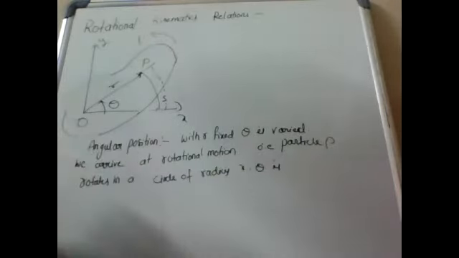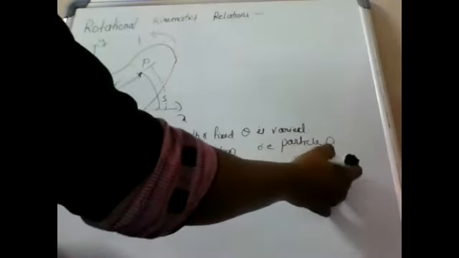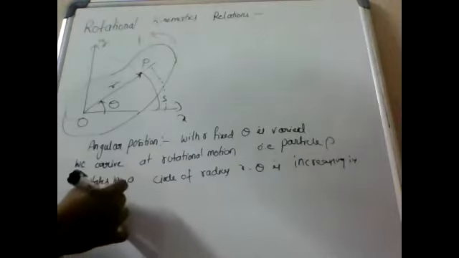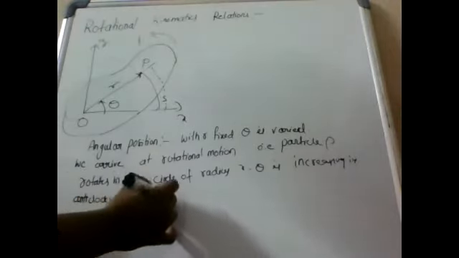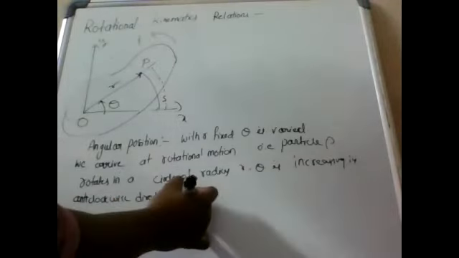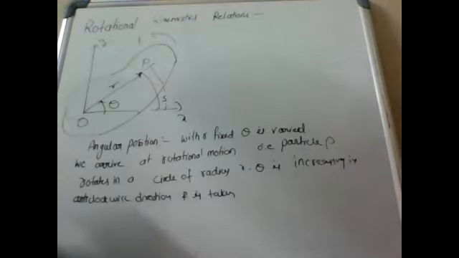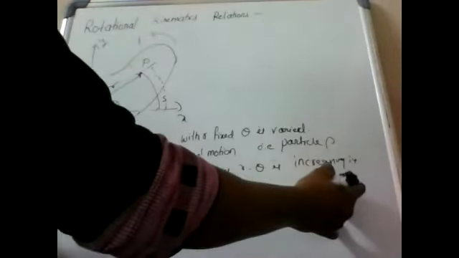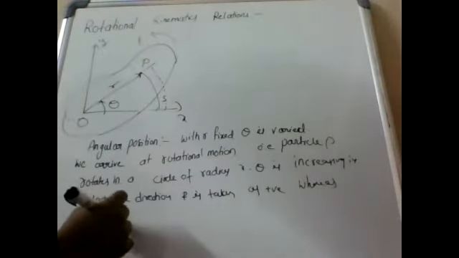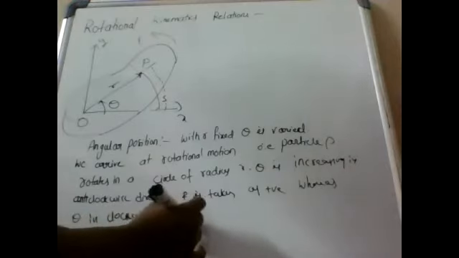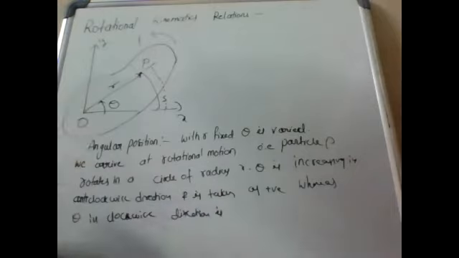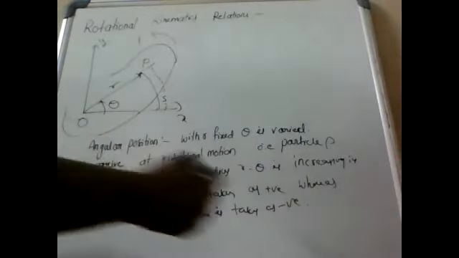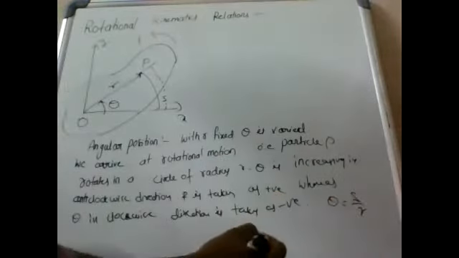Theta increasing in the anti-clockwise direction is taken as positive, whereas theta in the clockwise direction is taken as negative. So theta equal to s by r in radians.